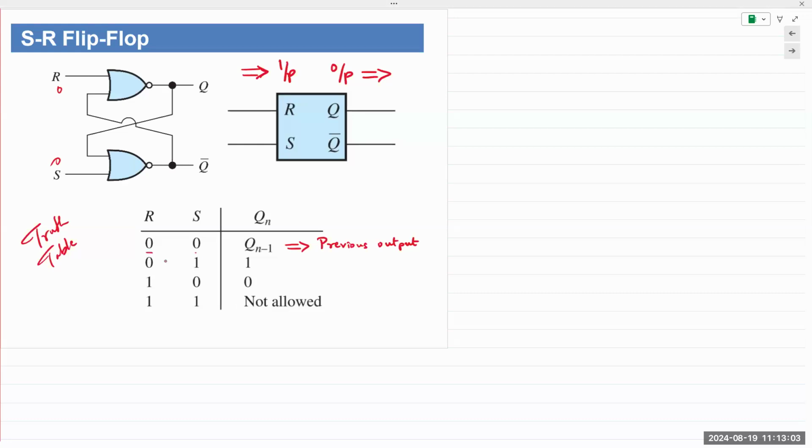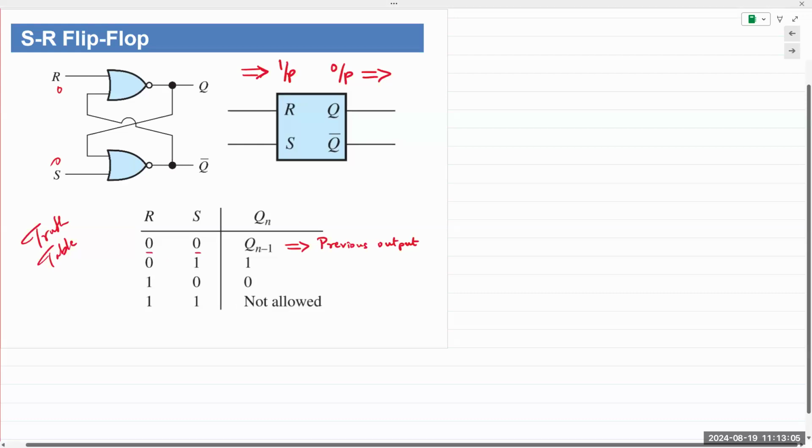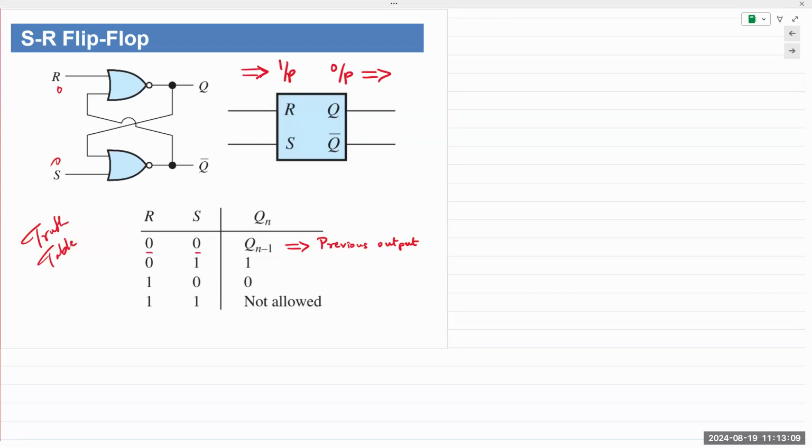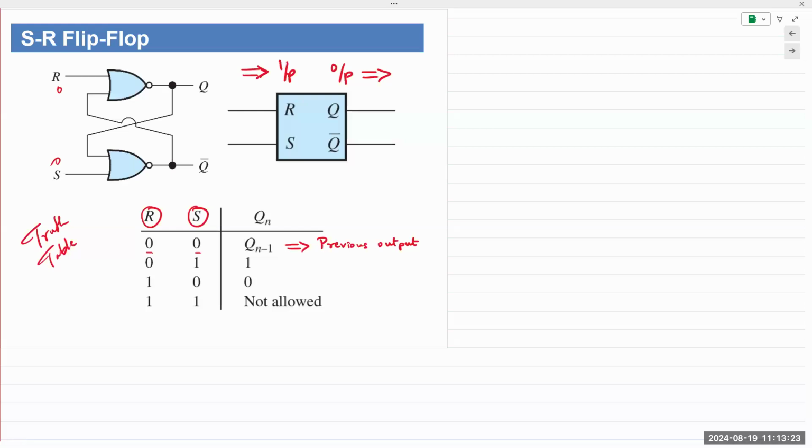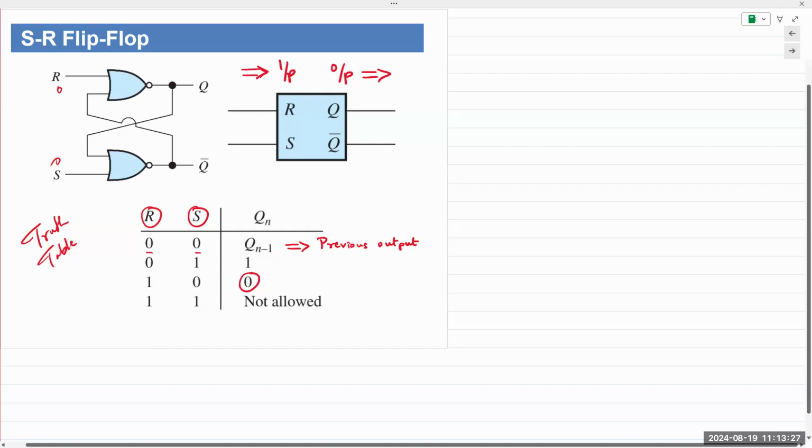So if R is 0 and S is 0, nothing happens. The output is fine. If either one of the inputs is high and the other is 0, then the output is either set or reset. Again, this R and S doesn't mean the output is going to be R and S. For the output to be reset, the reset pin has to go high.